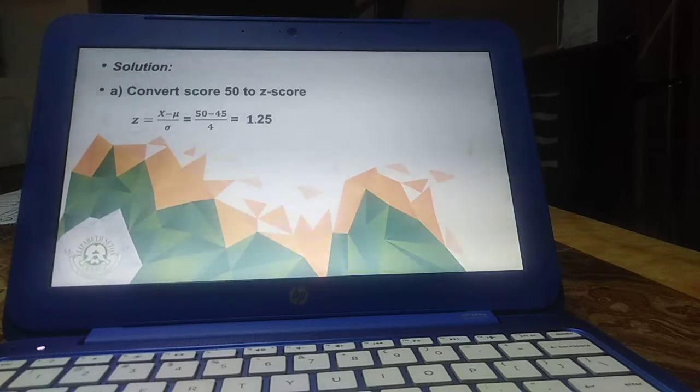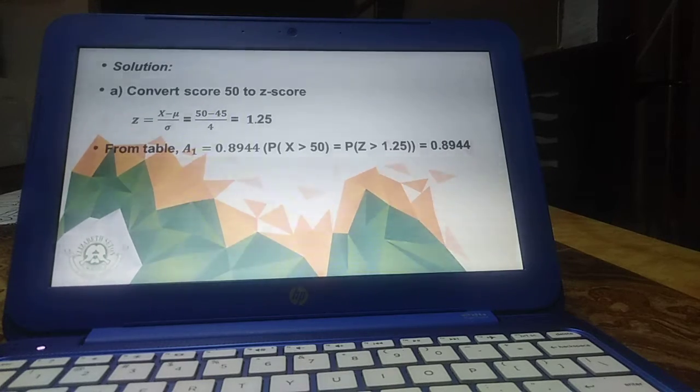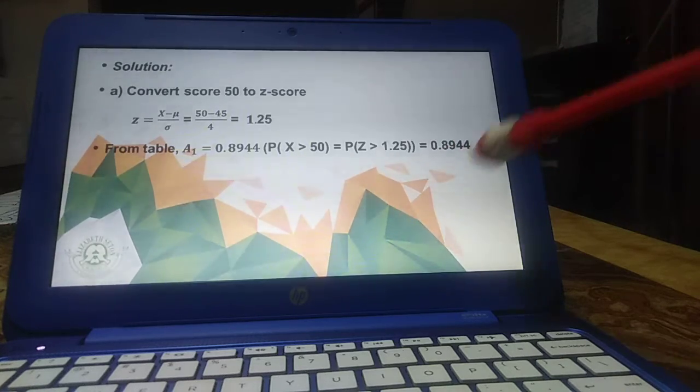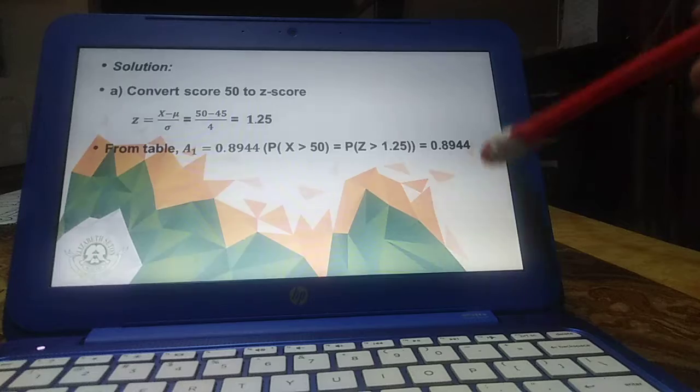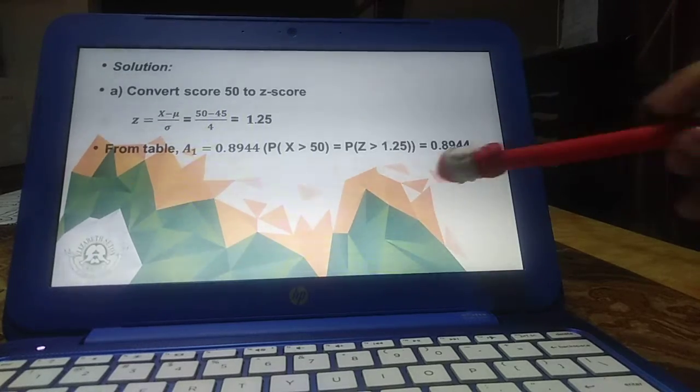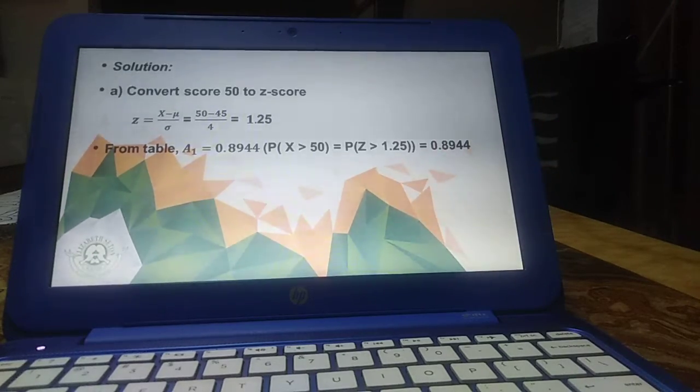Through the use of the z-table, we know that the area, if the z-score is 1.25, is equal to 0.8944. This is the area until the z-score is 1.25.